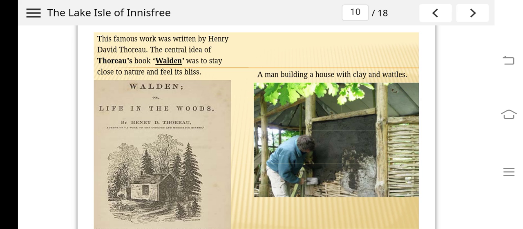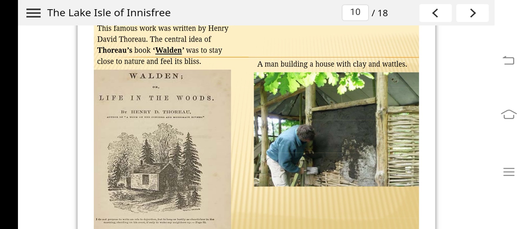This famous work was written by Henry David Thoreau. The central idea of Thoreau's book Walden was to stay close to nature and feel its bliss.